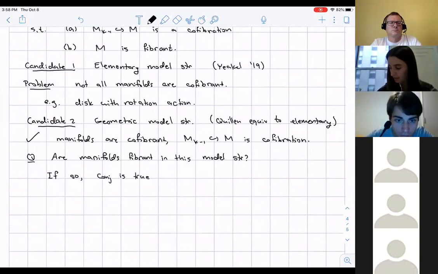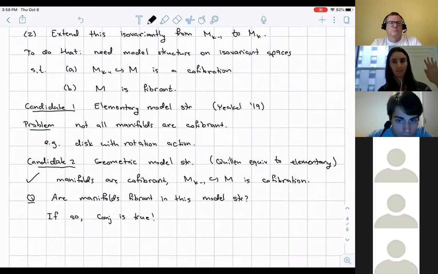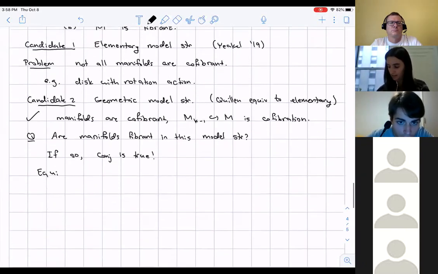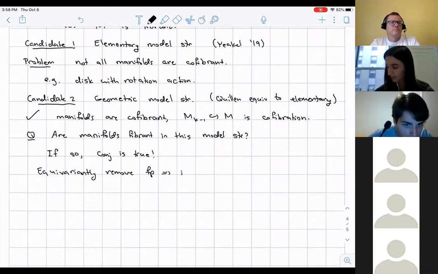Then we can run through this entire induction and show that if we can equivariantly remove fixed points, then you can isovariantly remove fixed points.